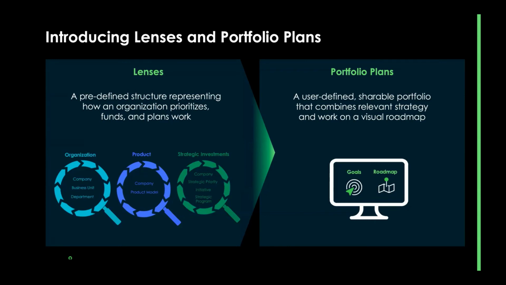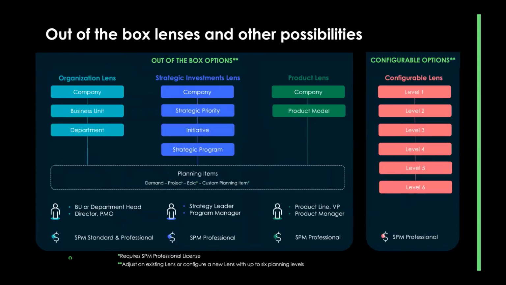We still have the traditional portfolio lenses, right? The more traditional PPM, right? But here you can do things by organization, more traditional, but you can do things by product. Hey, you want to set up a planning by product. If you're on the project to product organization route or transformation route, use product. You may do things by strategic priorities and initiatives, investments. There's another lens for strategy, right? So these lenses are another way to do groupings.